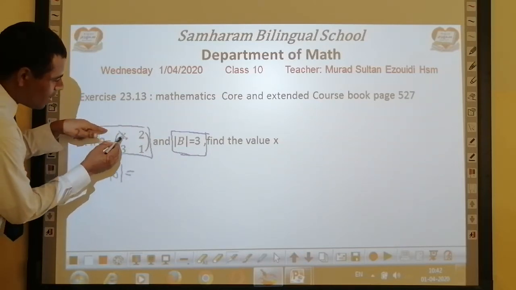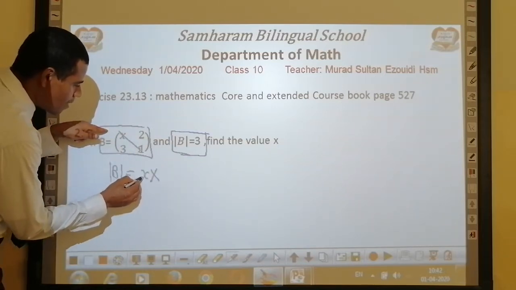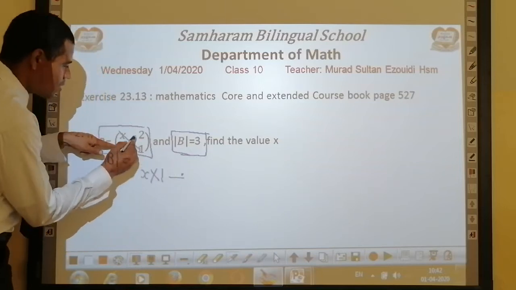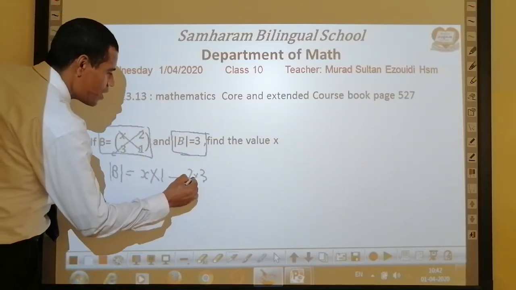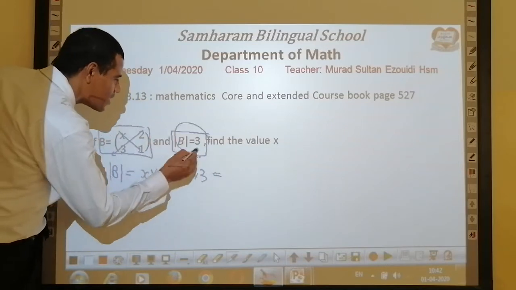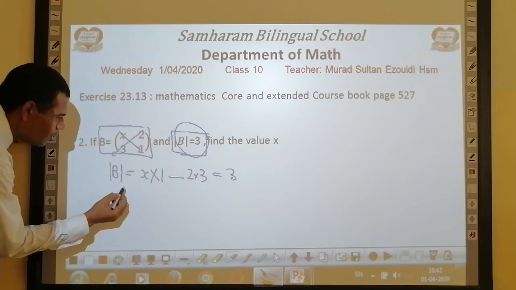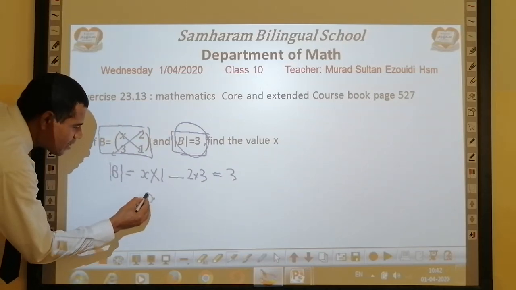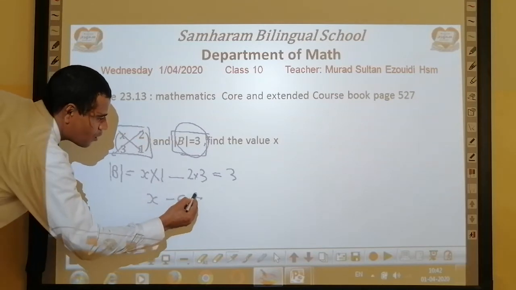X multiplied by 1, minus 2 multiplied by 3 equals what? What is the value, in fact, given? Equals 3, good boy. So, I will write x by 1 is x, my kids, minus 6, 2 by 3, 6, equals 3.